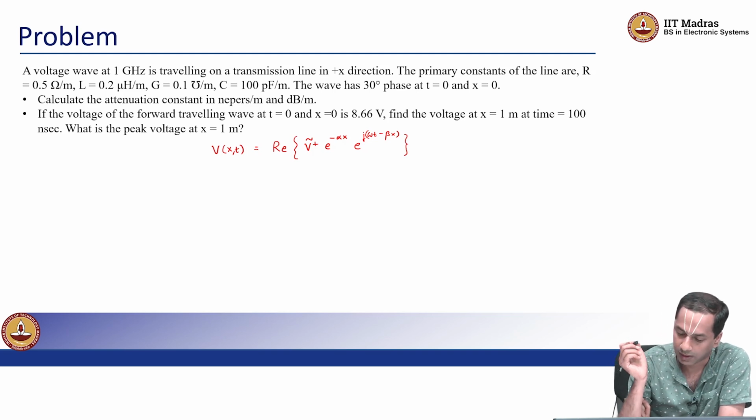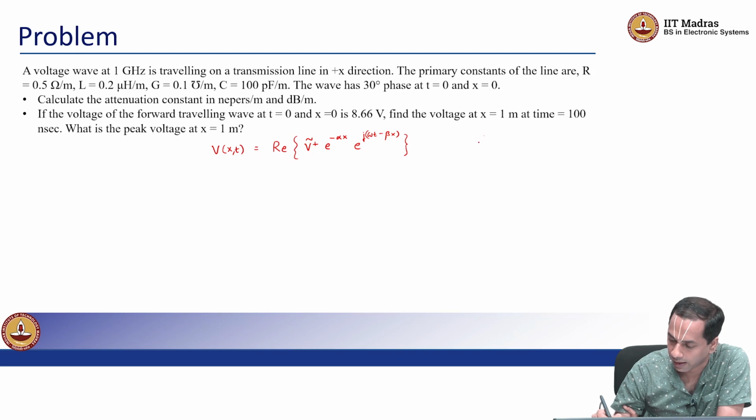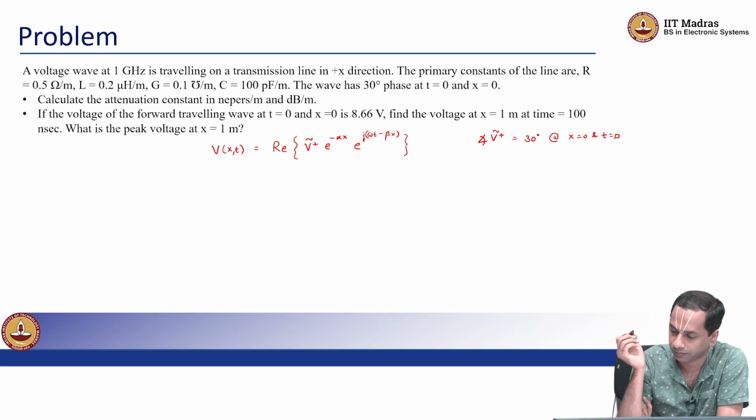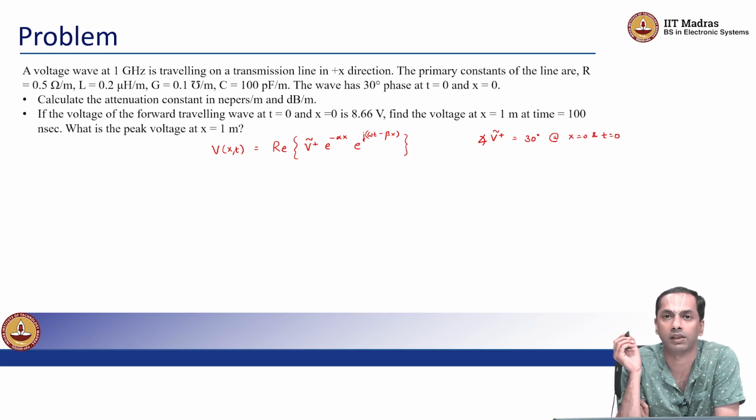So now some things that they have given us is the angle for V plus phasor is 30 degrees at x equals 0 and t equals 0, right. So it seems like the phase is not quite 0 degrees when you started observing. So there is some phase to this, right.